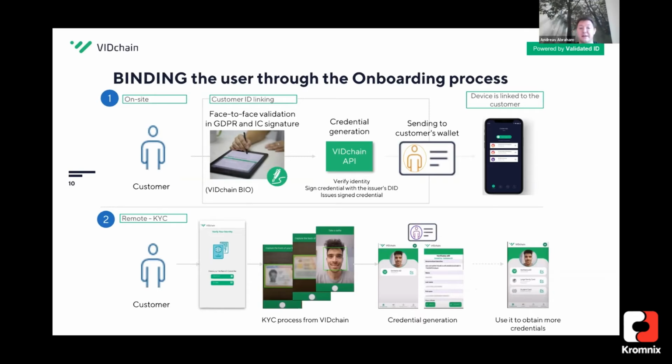But you can also do this fully online, like with a remote KYC process. As my speakers before already mentioned, there are certain security features. You have to take a picture of your driving license or ID card, and then it's the same as the manual process at the end to get an identity credential issued.